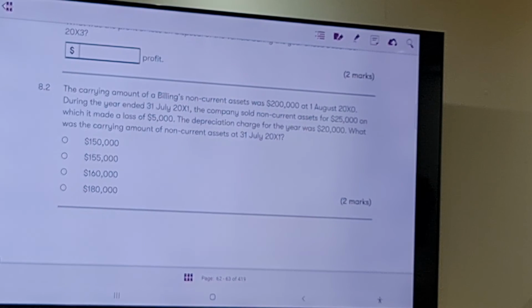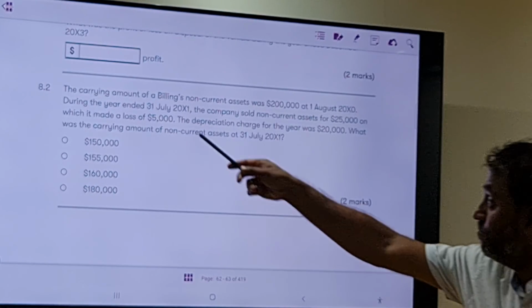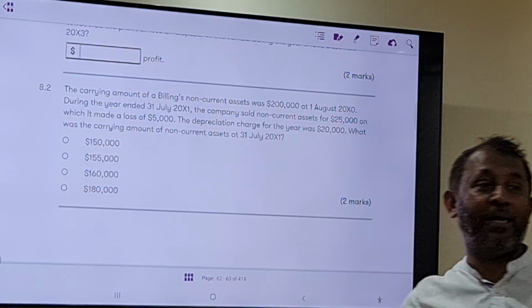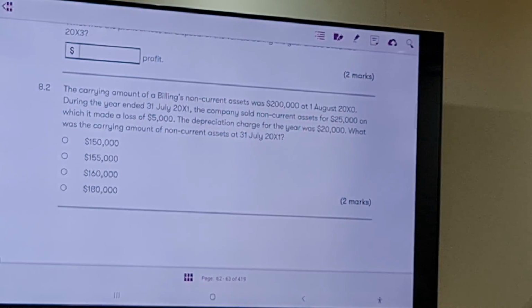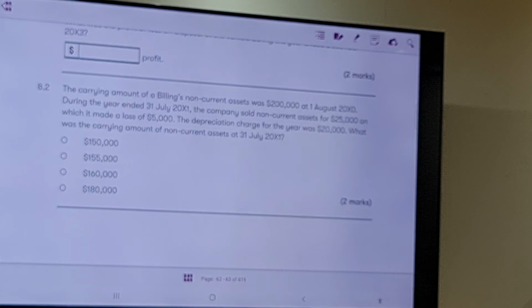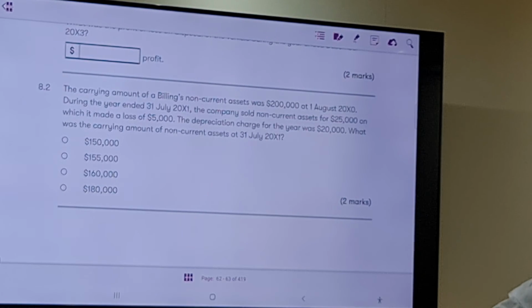So what is the value of the asset I am giving to you? 30,000. Here they are using the word carrying value. Carrying value is cost minus accumulated depreciation, so we don't need to worry about that. So 30,000 is the carrying value of the asset which I have sold.